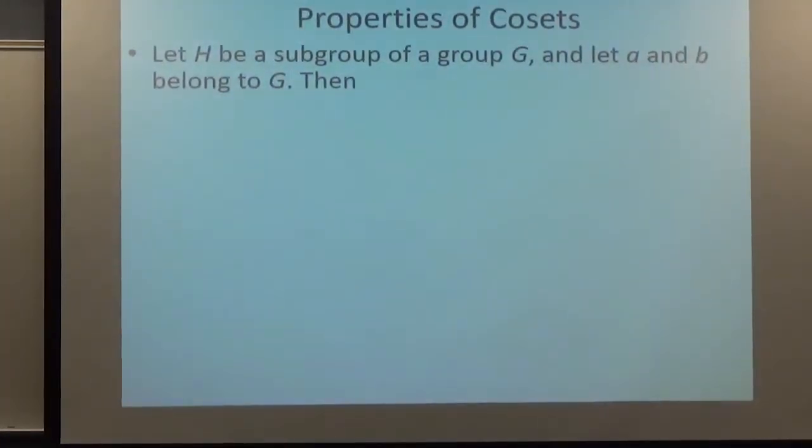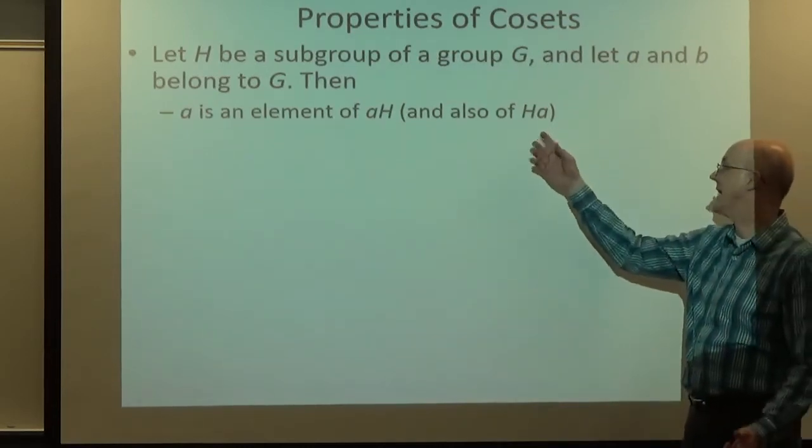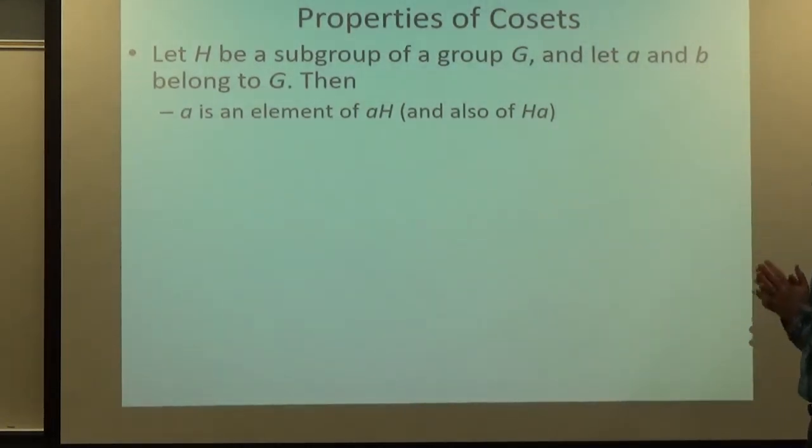First of all, A is always an element of AH and HA for that matter. So our terminology saying that AH is the left coset of H in G containing A, and HA is the right coset of H in G containing A, that terminology is not bad terminology. A is in both sets. Why?